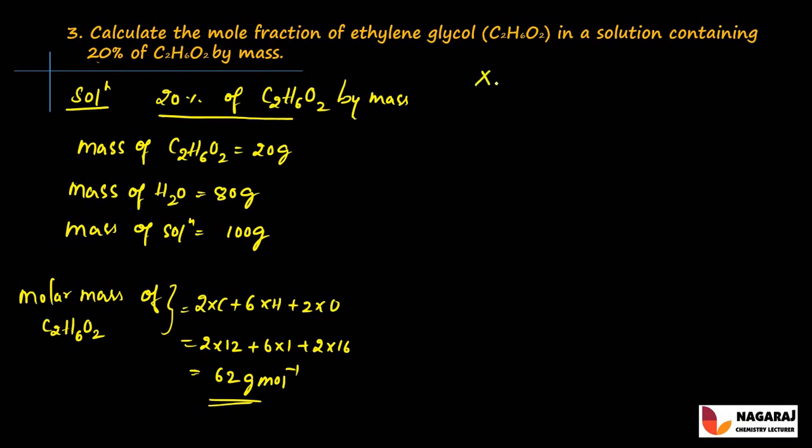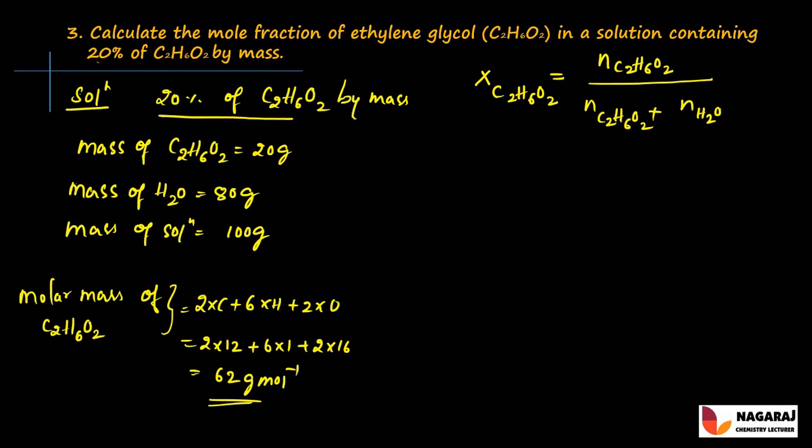Let us see how to calculate the mole fraction. The formula for the mole fraction of ethylene glycol, X of C2H6O2, is the number of moles of ethylene glycol divided by the total number of moles of ethylene glycol plus the number of moles of H2O, right?